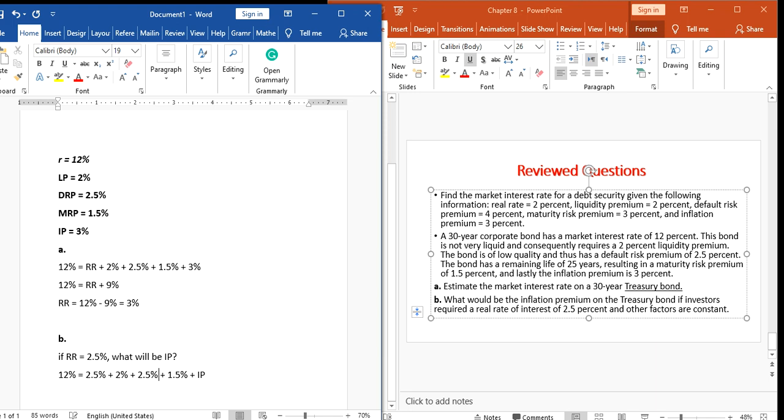As we did in the previous one, 12% equals, let's sum up all these, 8.5%, plus IP, the inflation premium.